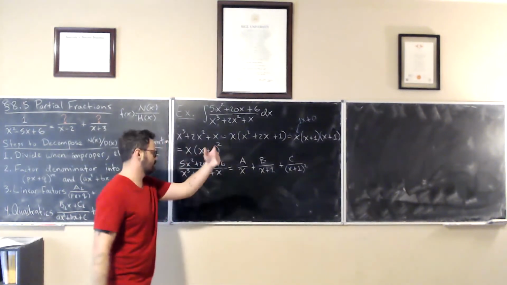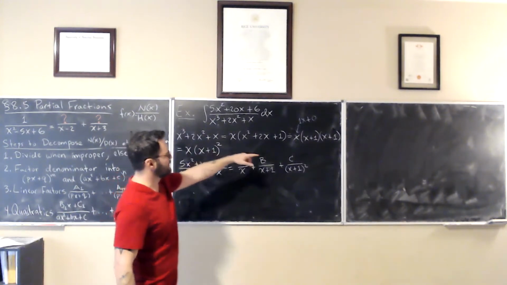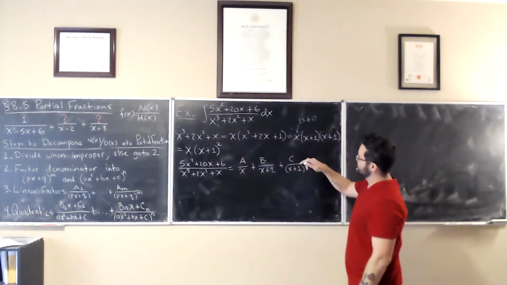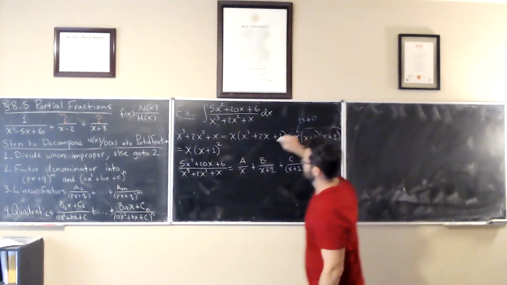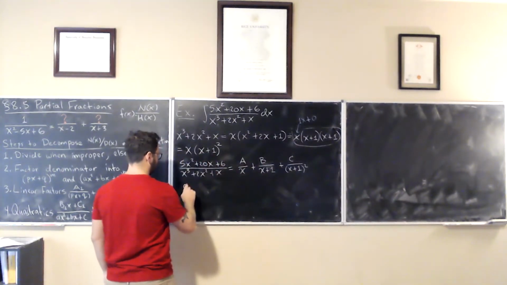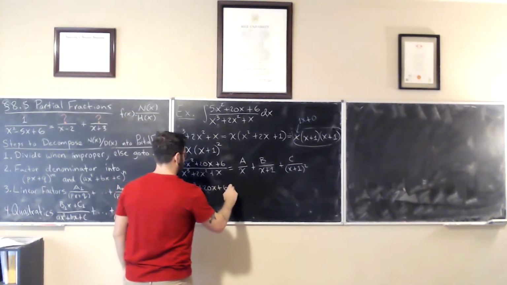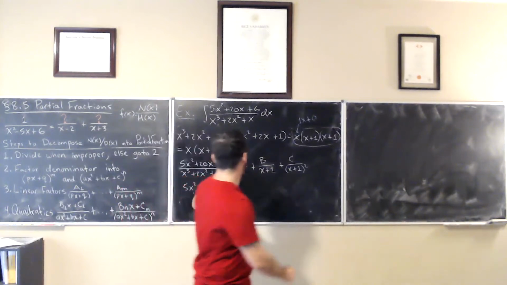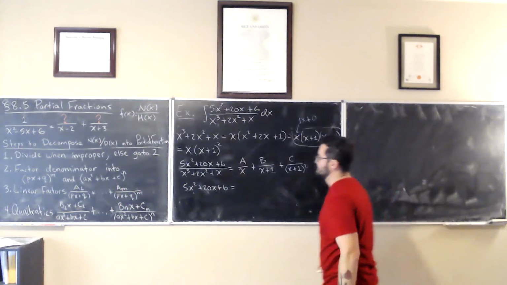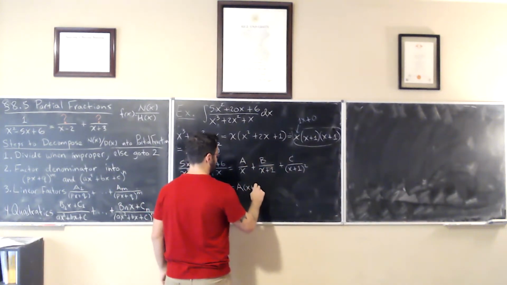So let's clear out all the ratios by multiplying by this, which we know factors to this. We multiply both sides of this equation by this right here. That's dividing out, so we'll be left with just the numerator. If I multiply A over x by this, I'm left with x plus 1 times x plus 1, so I'll have A times x plus 1 squared.